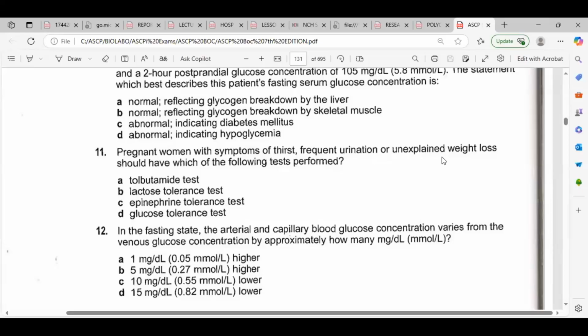And unexplained weight loss is a symptom of diabetes. Which test can be performed? These people are pregnant women, and they are showing all these symptoms of hyperglycemia and diabetes, including unexplained weight loss.